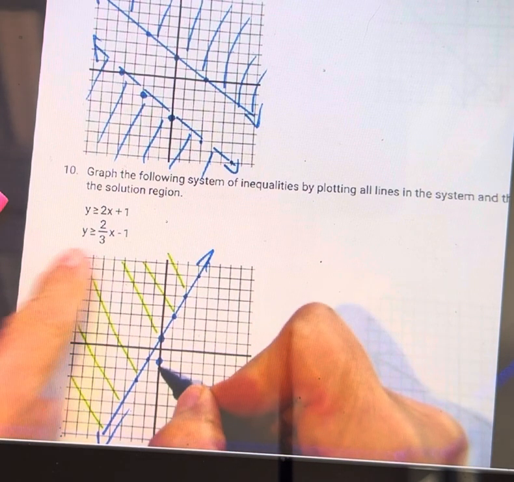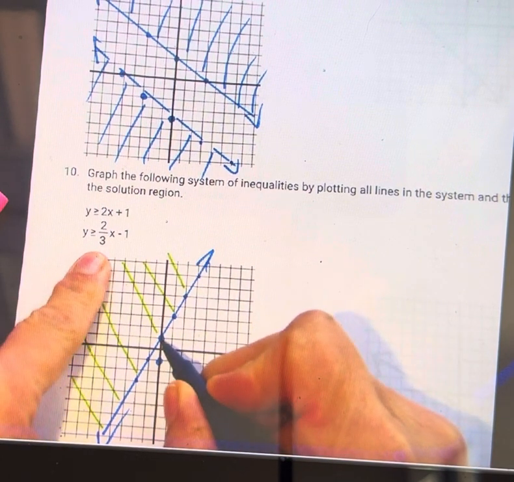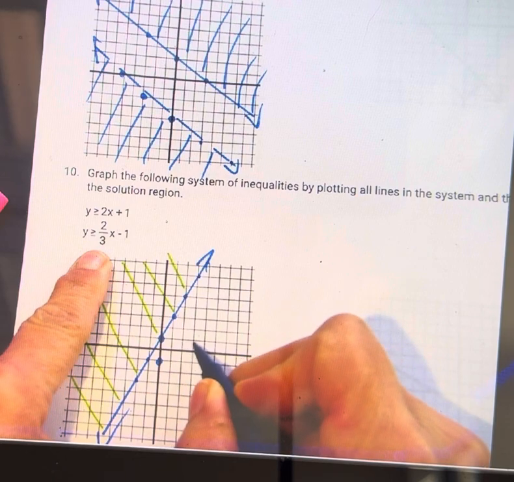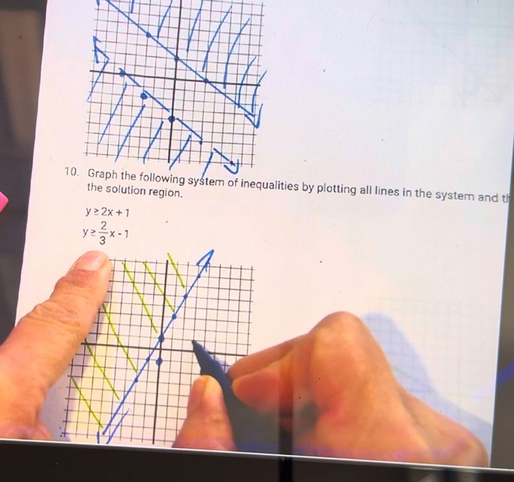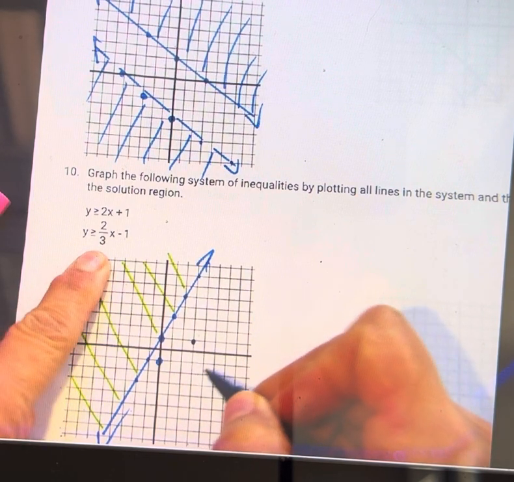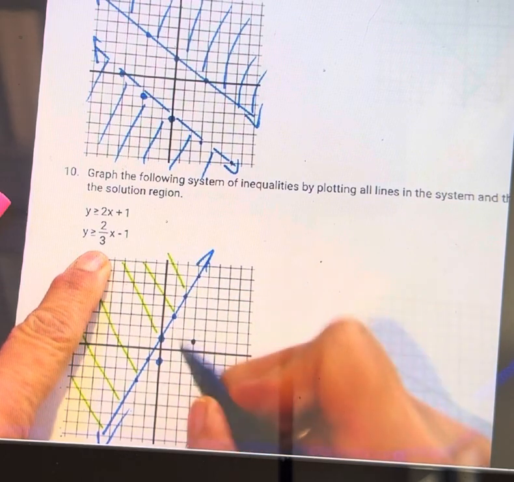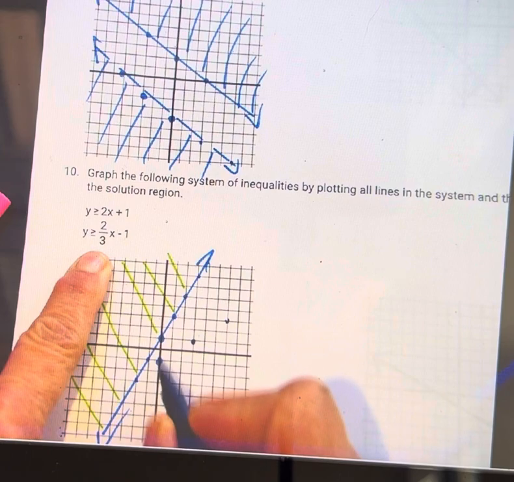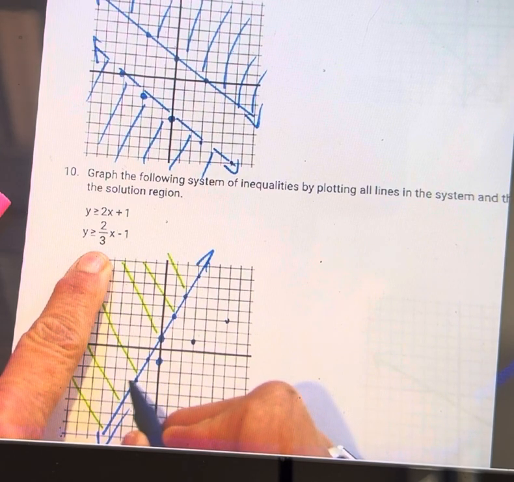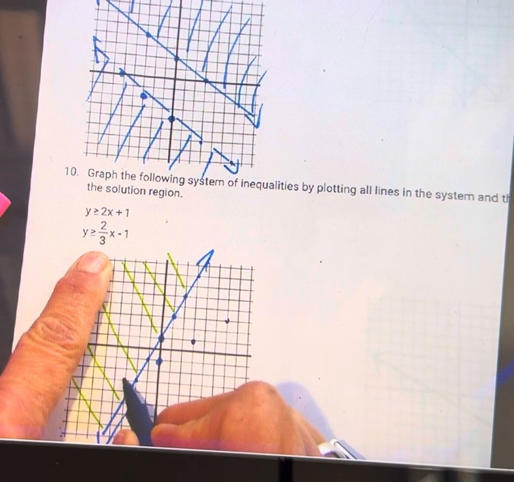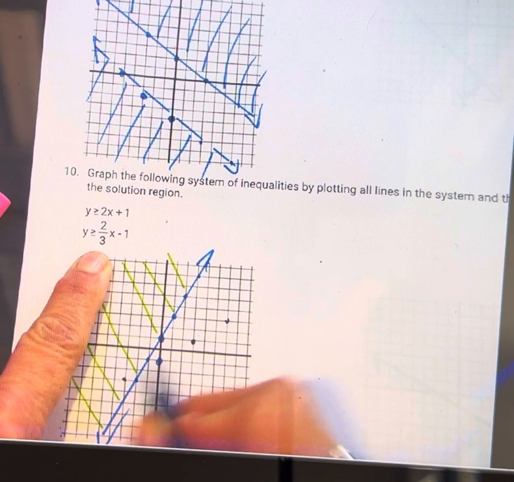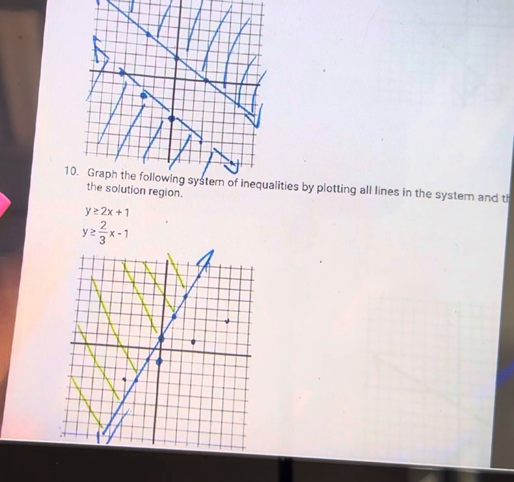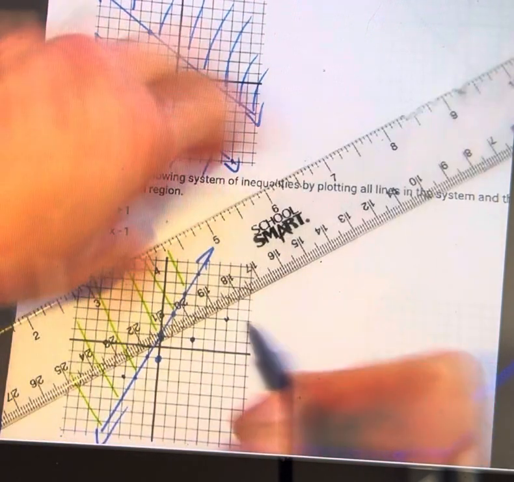It's at -1, and I'm going to go up 2 over 3. So 2/3 is going to be less steep than 2. So up 2 over 3, and if I was looking for a solution, I would be looking for where they intersect, which is going to be right there. And again, this is a solid line.